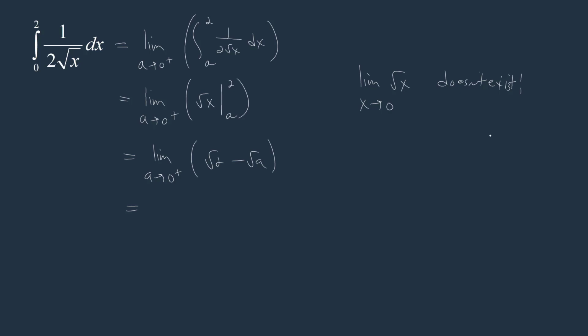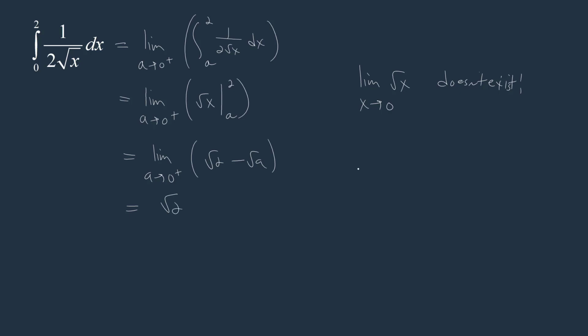And it doesn't exist because the square root function doesn't exist for all values around 0. It only exists for numbers to the right of 0 or at 0 itself. So if I did not have the limit from the right here, the answer would be the limit doesn't exist. Here though, since I am coming from the right, I know the square root function is continuous at 0 from the right, so I can just plug in 0. And the answer is the square root of 2.